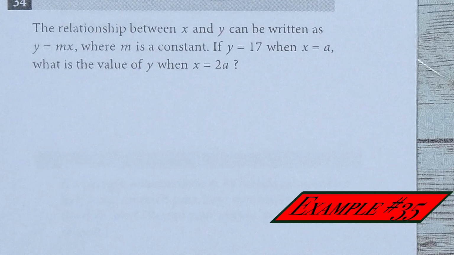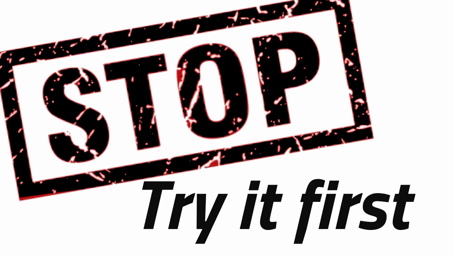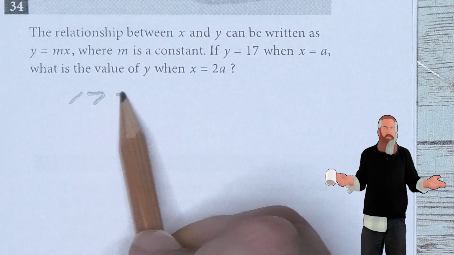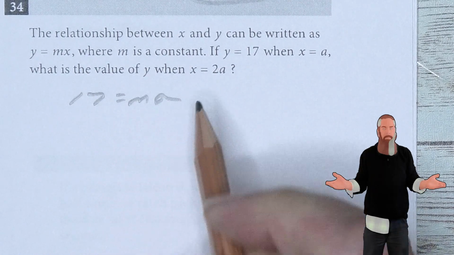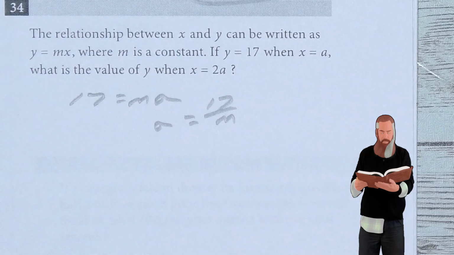The relationship between x and y can be written as y is equal to mx, where m is a constant. If y is equal to 17 when x is equal to a, what is the value of y when x is equal to 2a? Well, it means we start with 17 is equal to ma, and from there, a is equal to 17 over m.